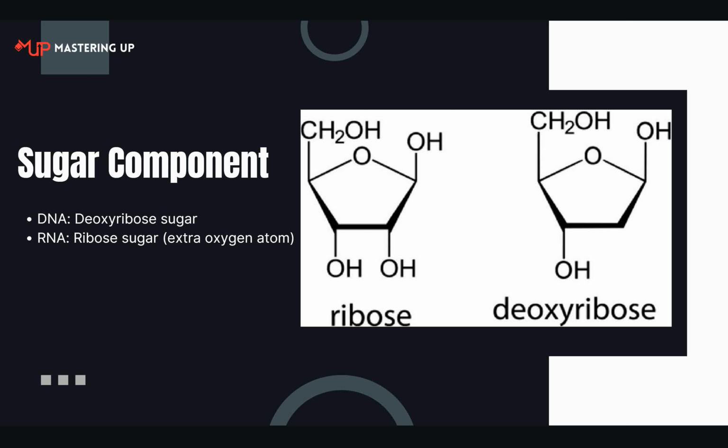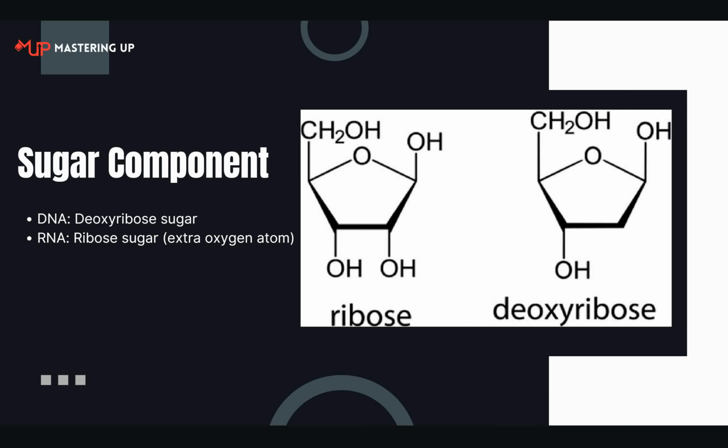In the illustration, you can see the ribose sugar structure and the deoxyribose sugar structure, where an oxygen atom is missing. In ribose sugar, you can see an extra oxygen atom. So this is the basic difference between the sugar components.